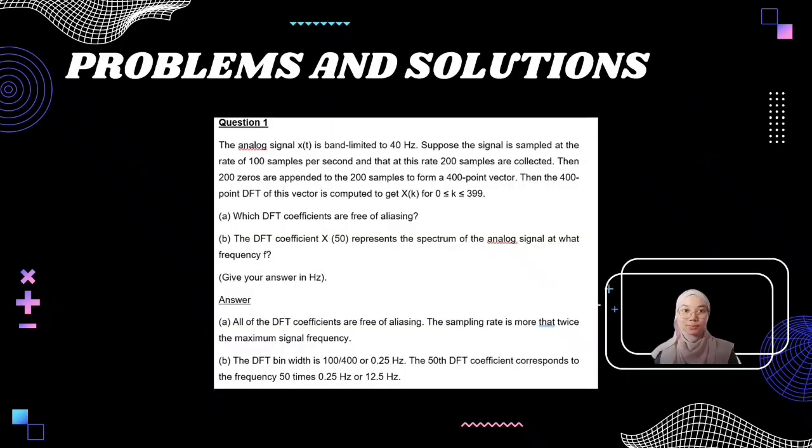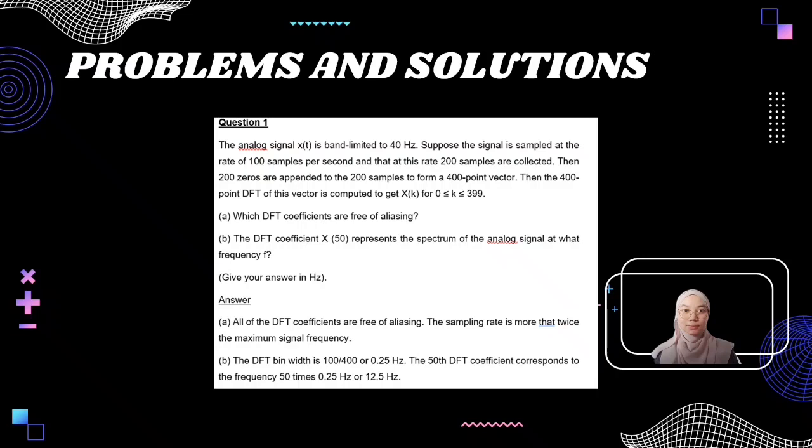So let's move on to the problems with the solution. Here is an example, Question 1. The analog signal is band limited to 40 Hz. Suppose the signal is sampled at the rate of 100 samples per second, and that at this rate 200 samples are collected.